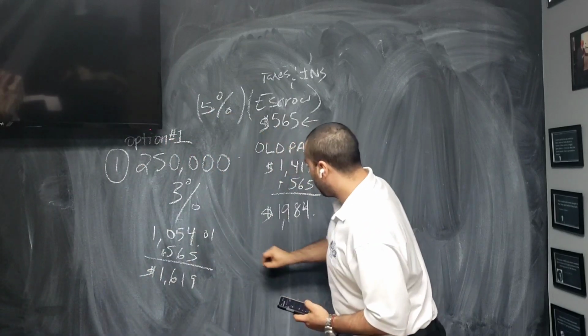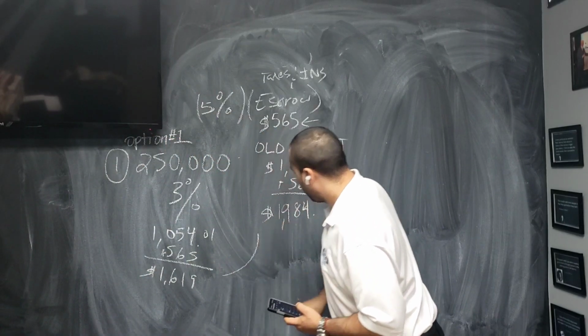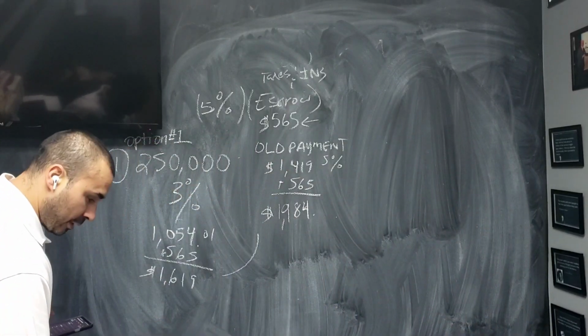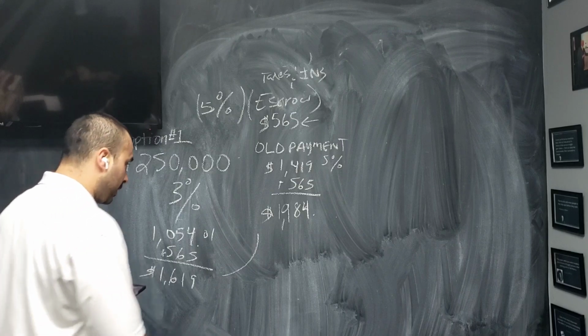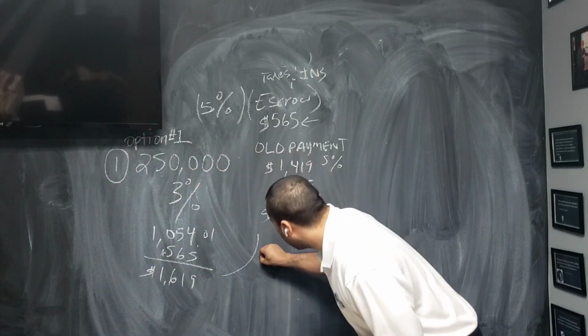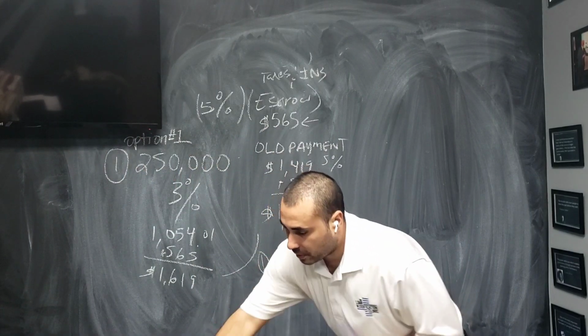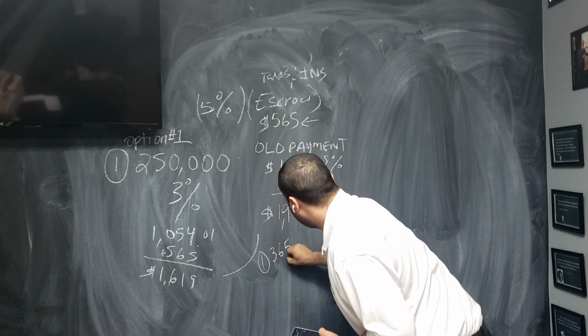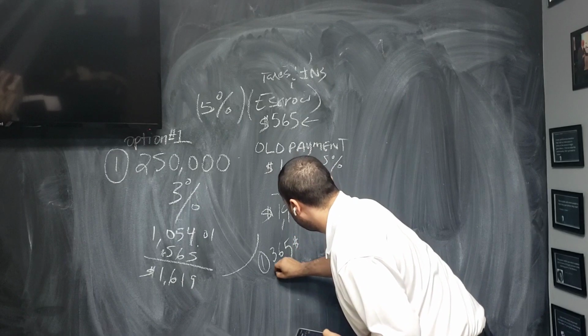Then you're saving right here. You subtract $1,619 minus $1,984. So this is option number one. So I'll just put option one, right? You're gonna save $365 a month, okay, monthly.